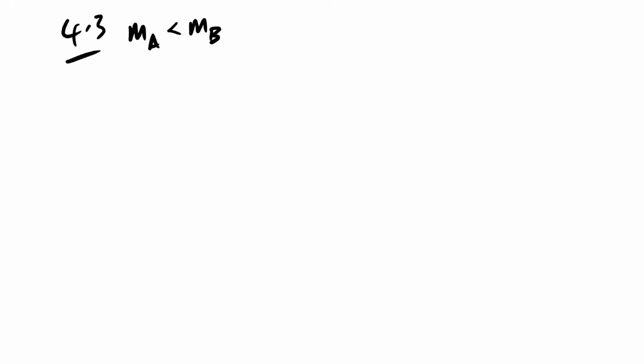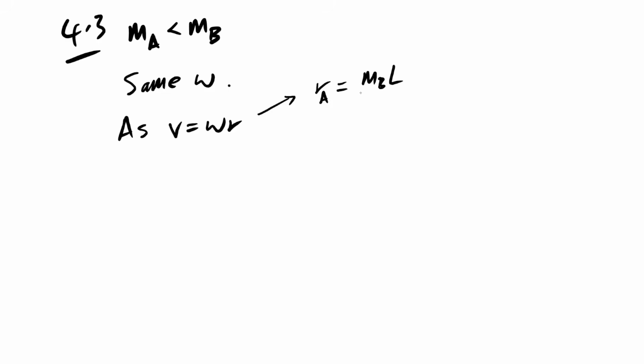In this spacecraft, the mass of A is less than the mass of B. Deduce whether the center of mass of A or B rotates with a greater linear speed. Well, like we said, they have the same angular speed, and we know as V is equal to omega r, we saw that R for A is equal to MB L over MA plus MB.